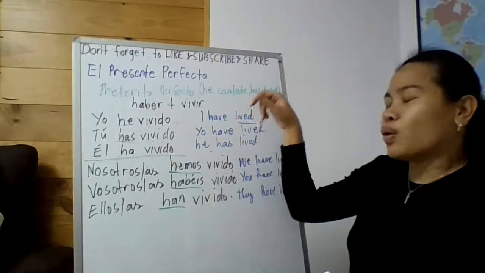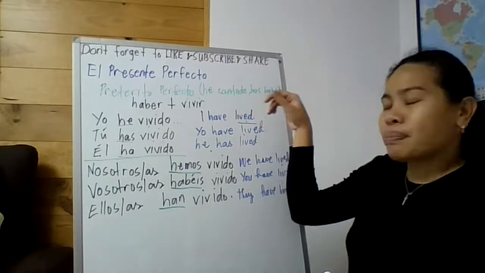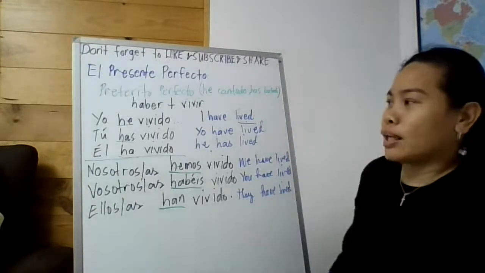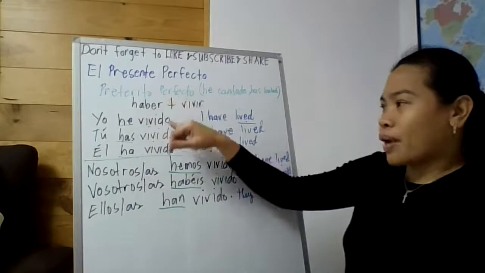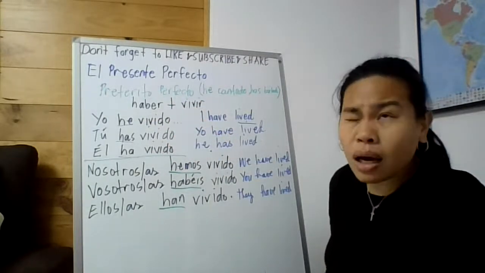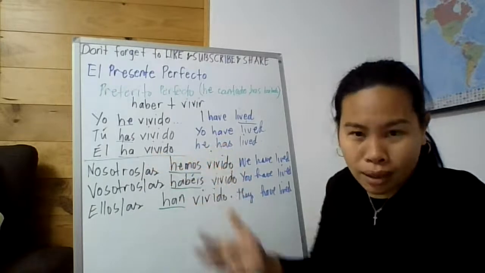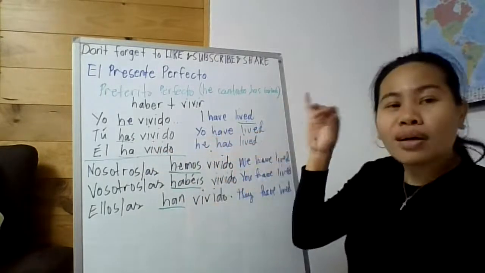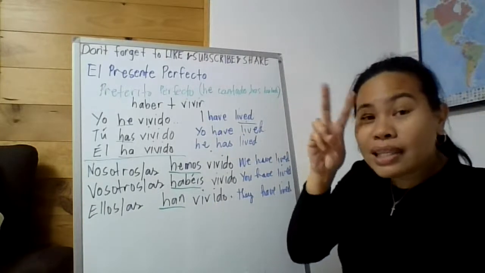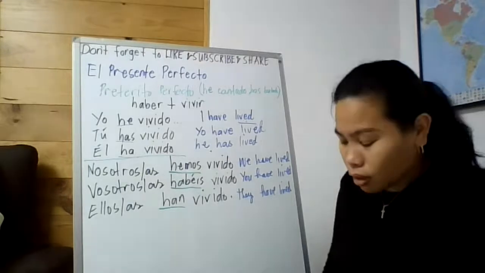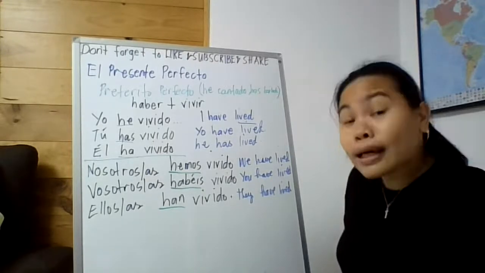He cantado, has bailado, ¿qué más? He comprado, for example, yo he comprado la tortilla. So, I have, what is the third column of buy?